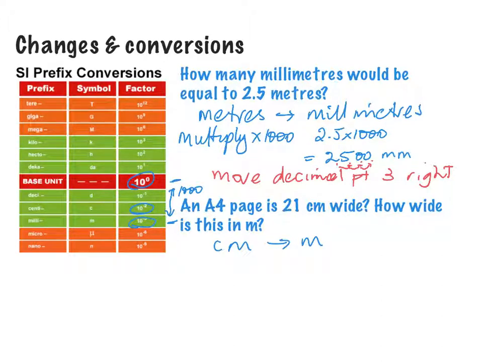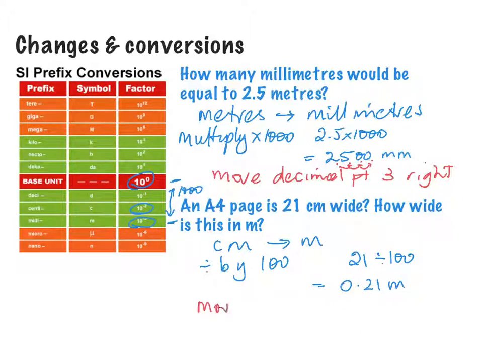There are 100 cm in a m, so this time we have to divide by 100. So it becomes 21 divided by 100 equals 0.21 metres. This time, when I divide, I move the decimal place to the left. And I was dividing by 100, so I move it 2 decimal places to the left.